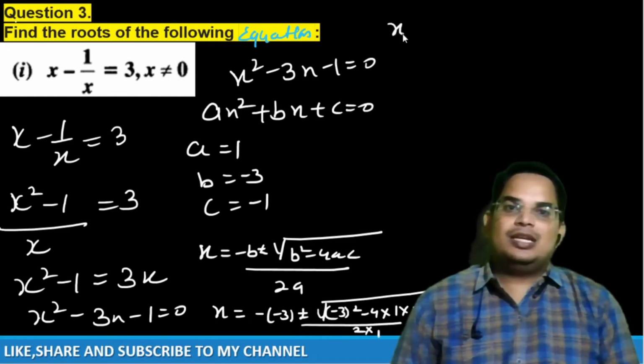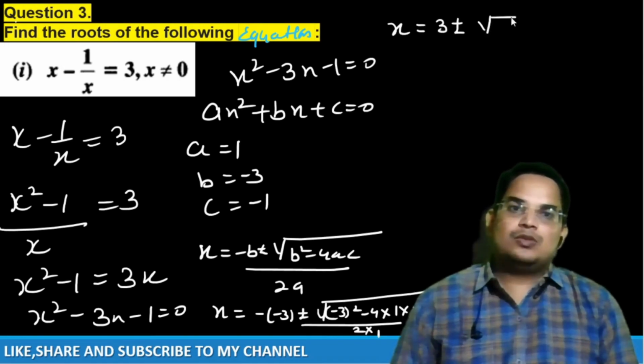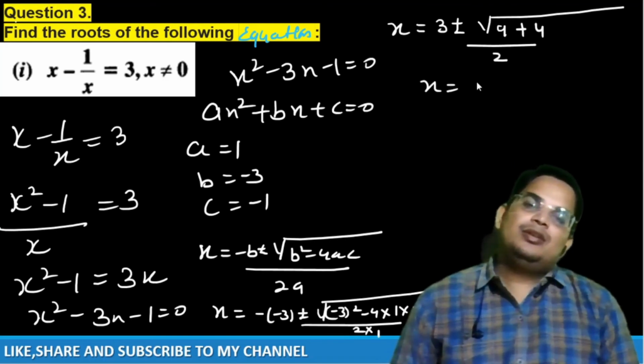After this what I can say? I can say x is equal to, this is the minus minus plus 3 plus minus square root minus 3 square becomes 9 minus minus plus 4 1 ja 4 upon 2 1 ja 2. So the answer will be 3 plus minus square root 13 upon 2.